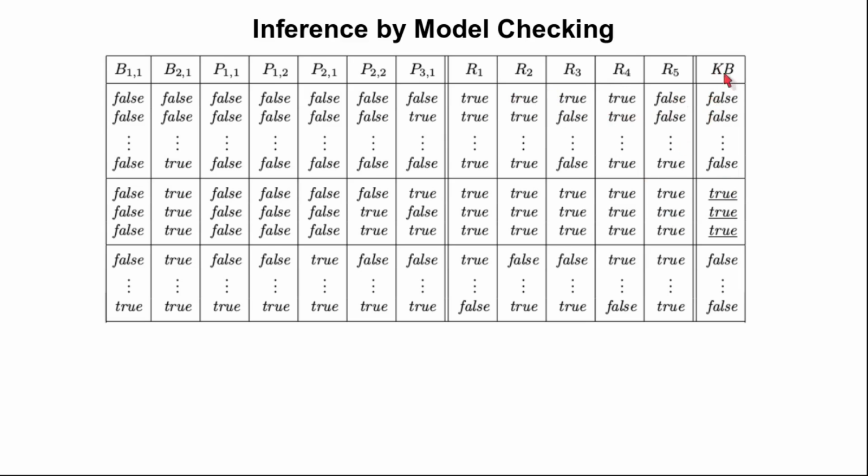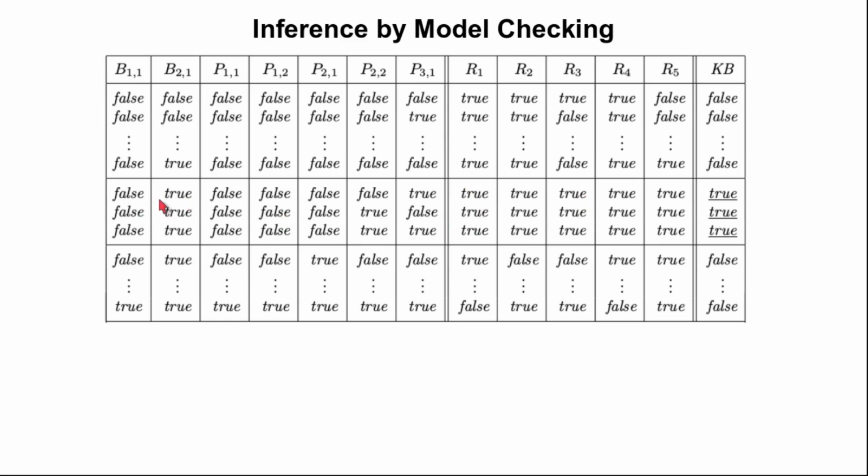As you can see, our knowledge base will be true only when all the sentences are true for the given model. And actually, if you try out, you will see that out of the 128 different models that we have, the knowledge base will be true in only 3 of the models.